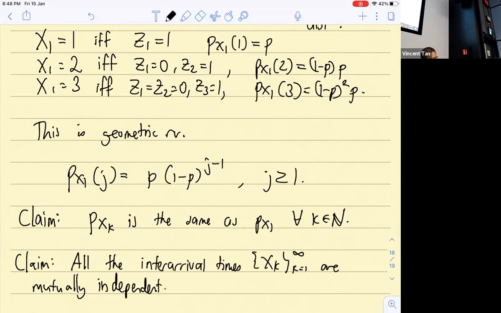This also requires a proof, a justification, just like the first claim. All these exercises show you that even if we start off with a simple stochastic process like a coin toss process, we can come up with very interesting processes like the X process.